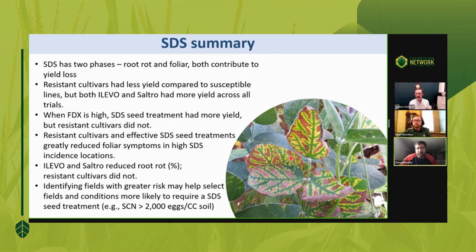I'd like to put out an encouragement to the farmers and to the companies. The products that we've been looking at that are not Saltro and Olevo haven't looked the best as far as reducing SDS consistently, but I don't want that to be a discouragement. To me, one of the most exciting things is to see some of those new products that are biologicals coming into the market.